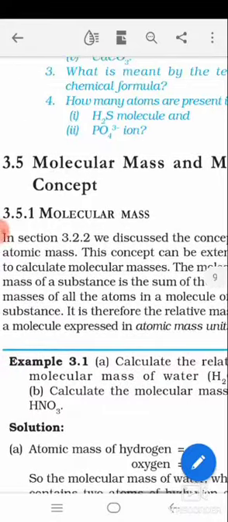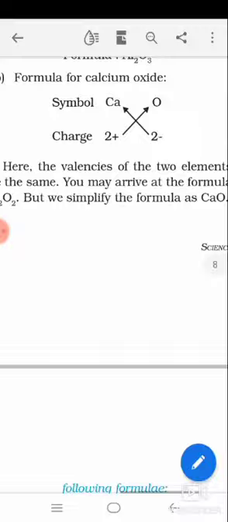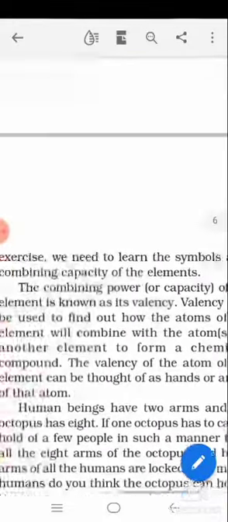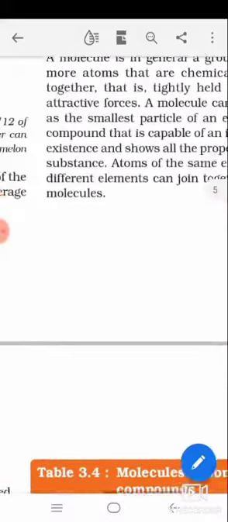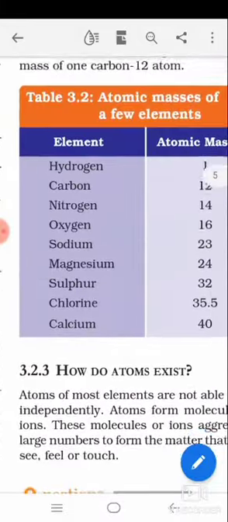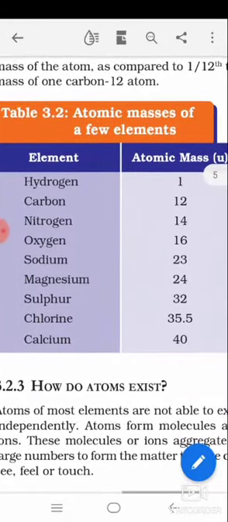Now, to find the molecular mass, you need the atomic masses of each atom. This is present in your textbook, Table 3.2, atomic masses of a few elements. Study this table: hydrogen 1, carbon 12, nitrogen 14, oxygen 16, sodium 23, magnesium 24, sulfur 32, chlorine 35.5, calcium 40.